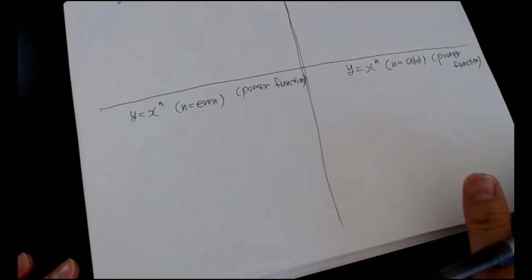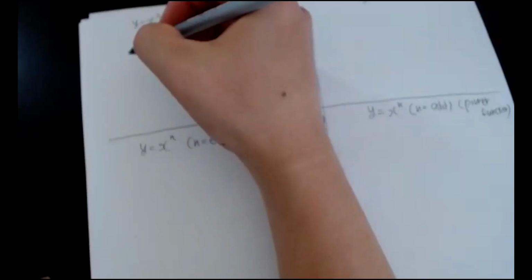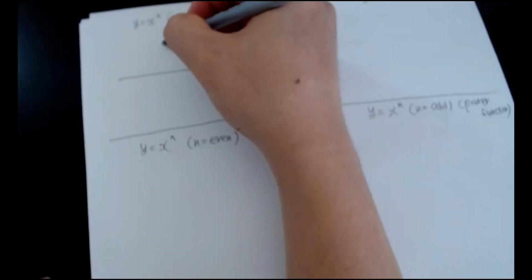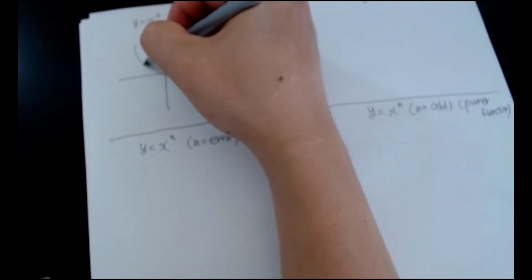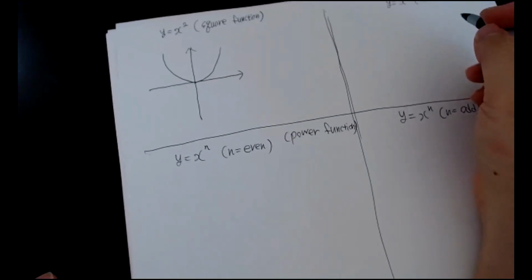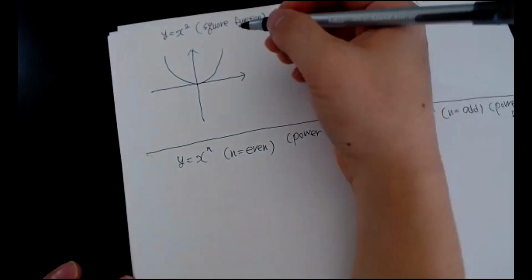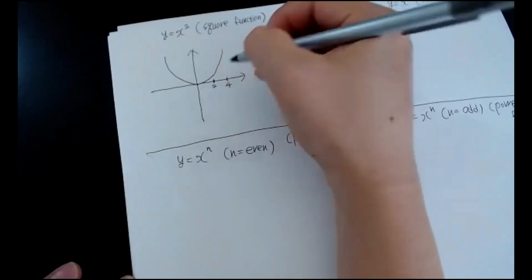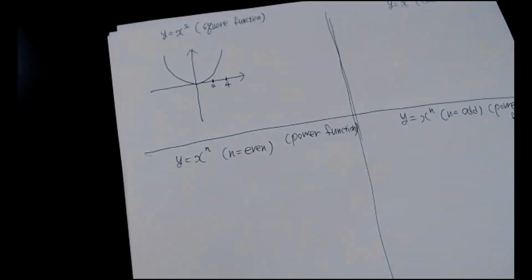So the graph of the square function, we saw that, right? It should be like this. This is the graph of the square function. Let's figure out some points.